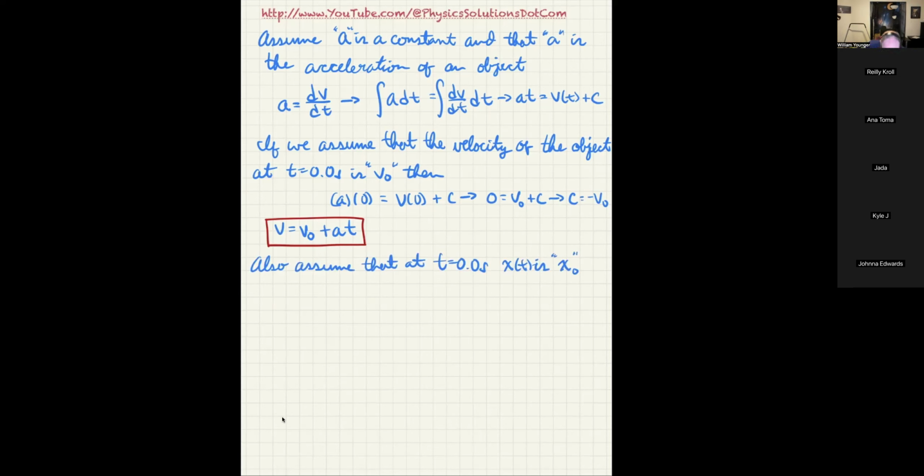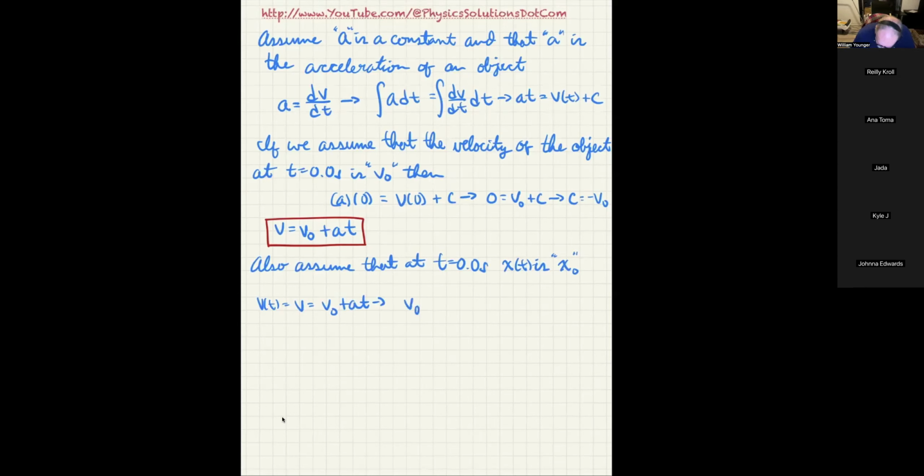So with that in mind, I'm going to take v of t, which is this v that we just found, which is equal to v0 plus at. I'm going to set that equal to the definition of the instantaneous velocity.